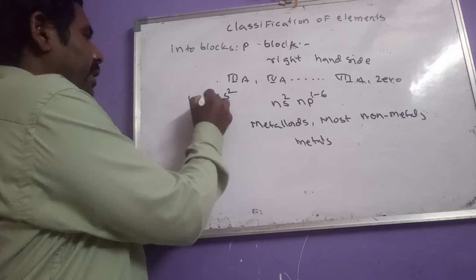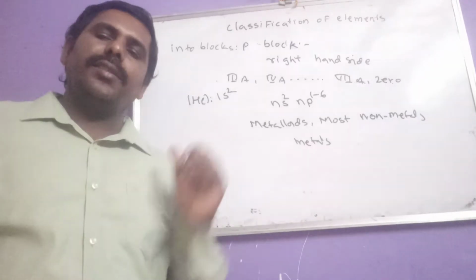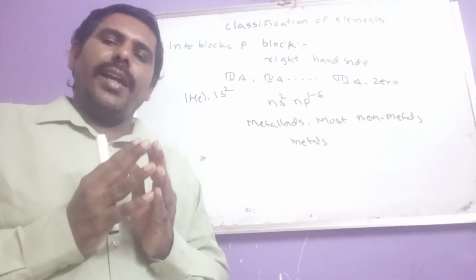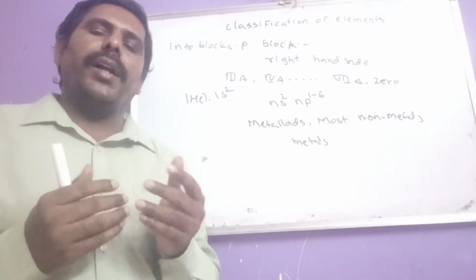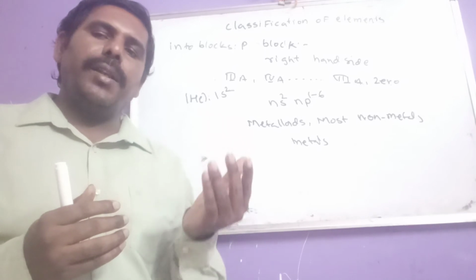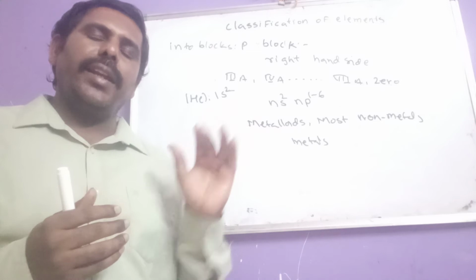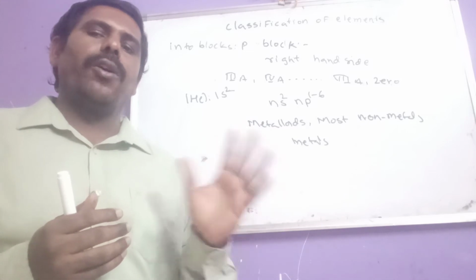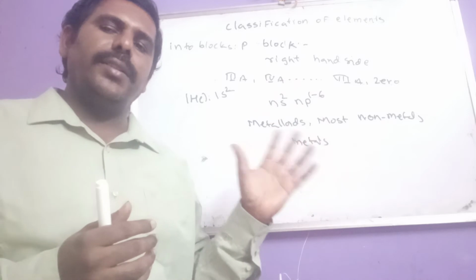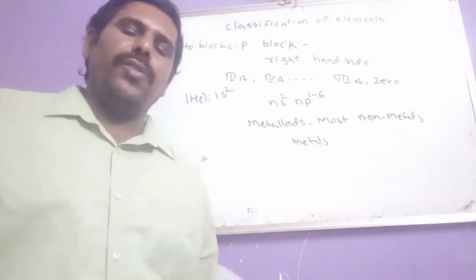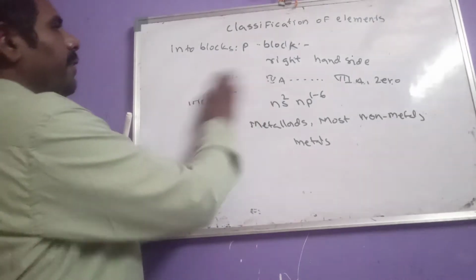That means the differentiating electron entered the s subshell, so it should actually be placed in s block elements. But due to some similar properties with zero group elements, like inertness to participate in bonding, helium is placed in zero group elements. Now it should actually be placed in s block elements. These are regarding p block elements.